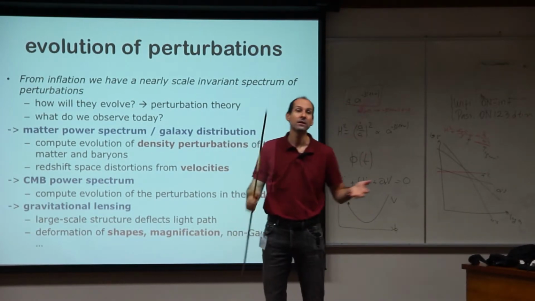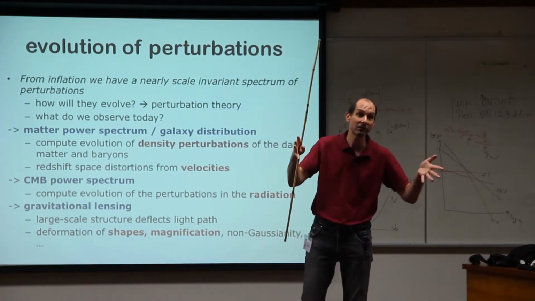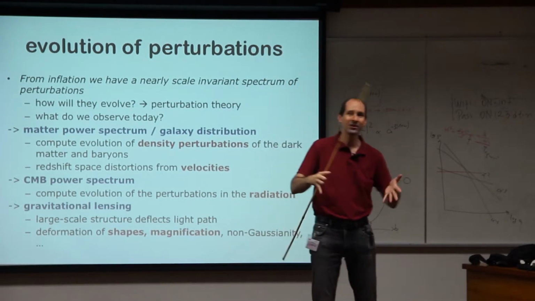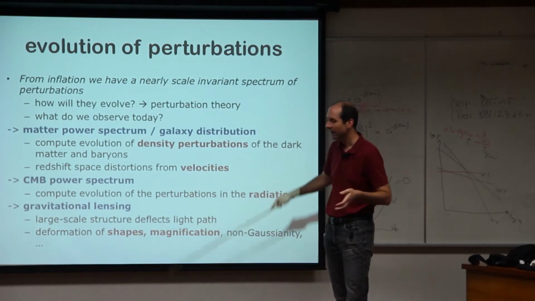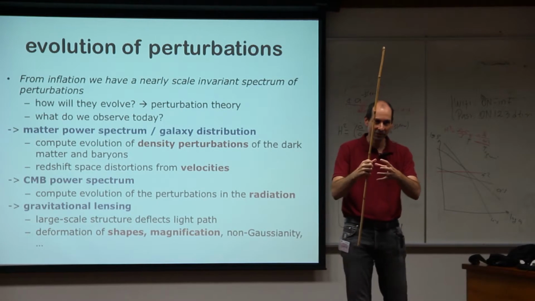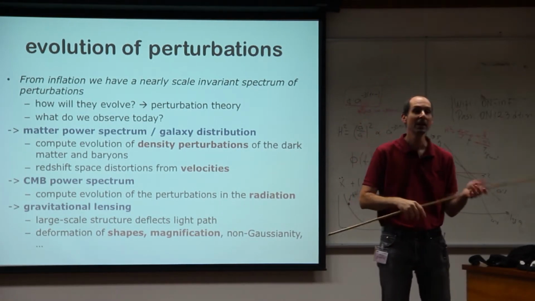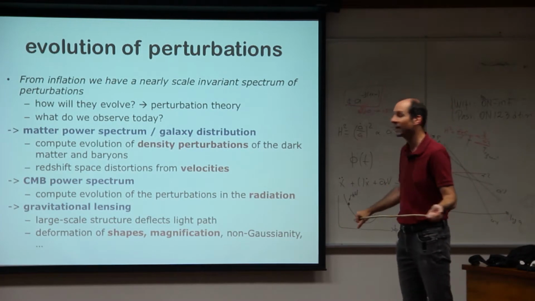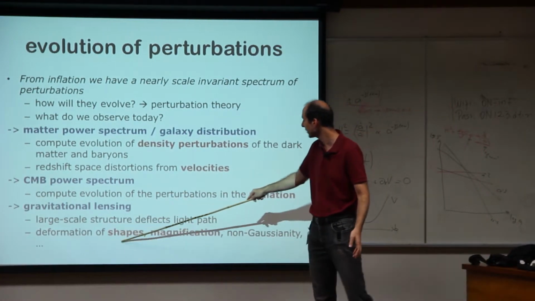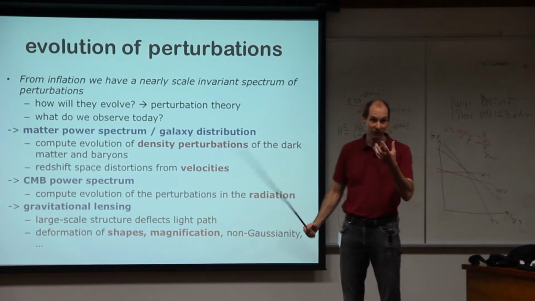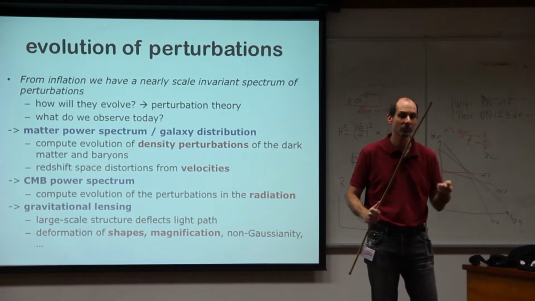The CMB is a direct picture of the perturbations in the radiation fluid very early on, so that also tells us a lot. And in addition, when matter clumps together and becomes denser, this leads to a gravitational lensing effect, which we can observe through shape distortion and magnification, like with real lenses, and so that also tells us about the perturbations.